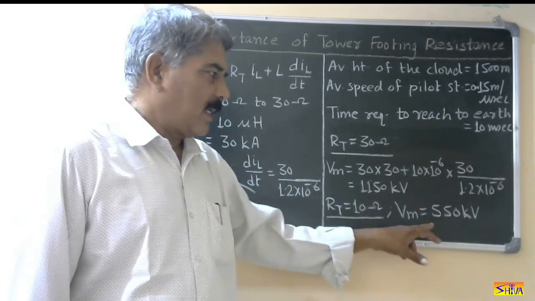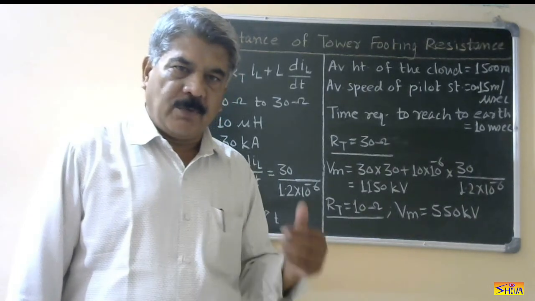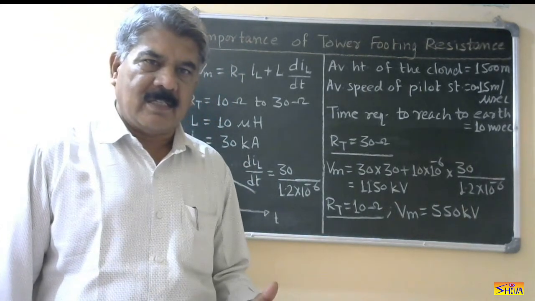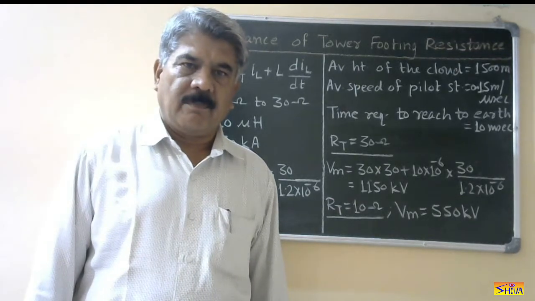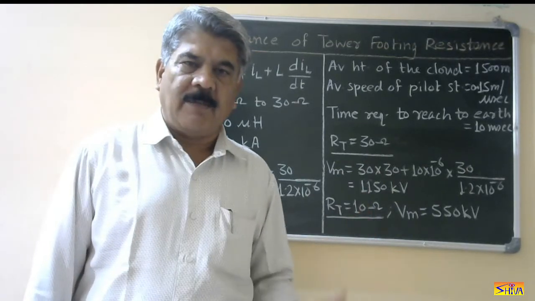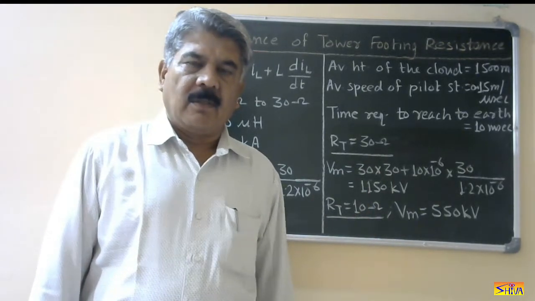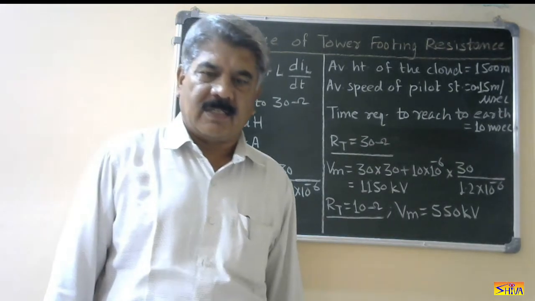It is 1150 kV and it is 550 kV, almost half. So if we reduce tower footing resistance, then we avoid the possibility of back flashover, because this Vm is responsible for the back flashover. Now let us see what are the methods for reducing the tower footing resistance.